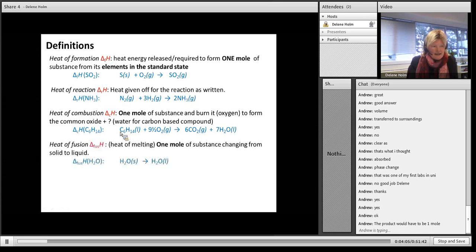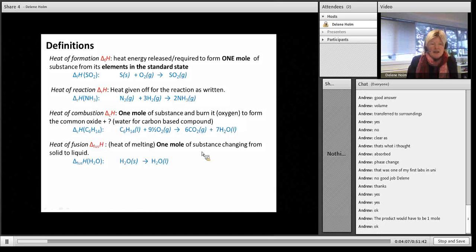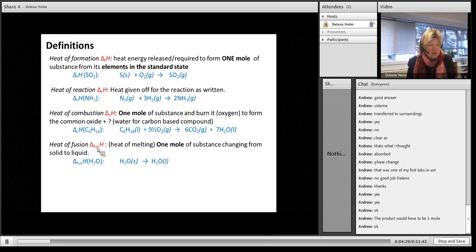And then the heat of fusion. Now, a common error for students is confusing the F and F for fusion. They sometimes think the delta FH is fusion. Remember, for fusion, vaporization, and sublimation, wherever we have a change of state, it's always 3 letters: FUS, SUB for sublimation, or VAP for vaporization.